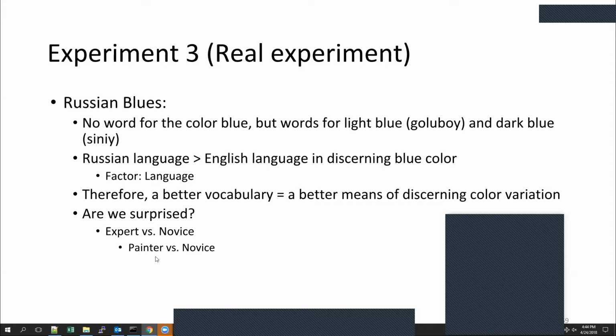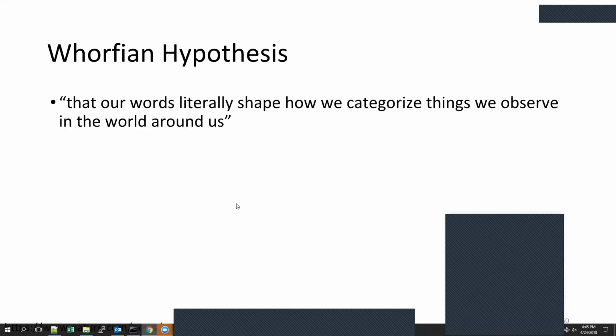This actually affects the way we differentiate color as well. Even something as simple as our ability to identify color is tied to our language. I also included a quote about this, about our words literally shaping the way we categorize things in the world around us.